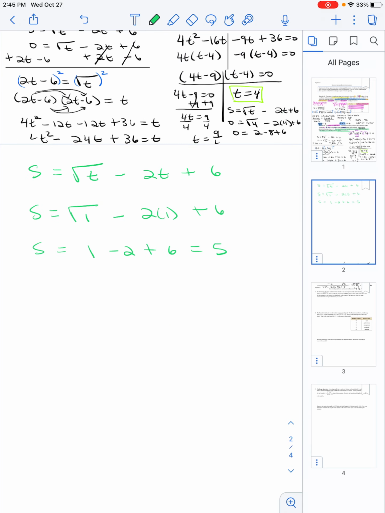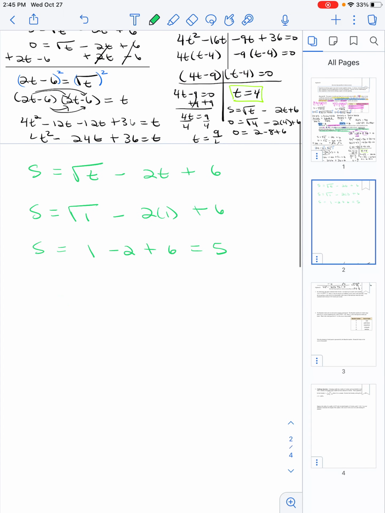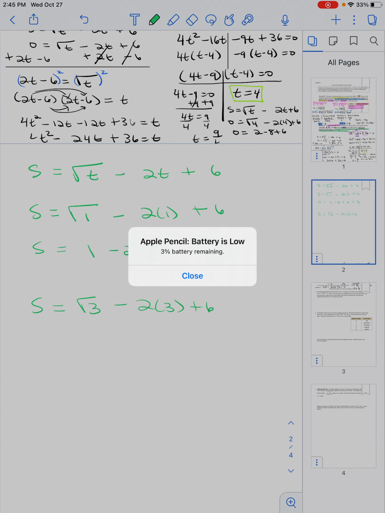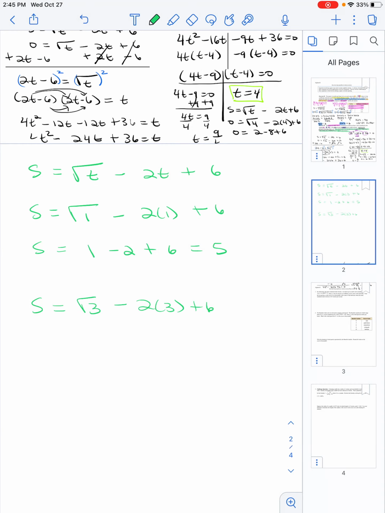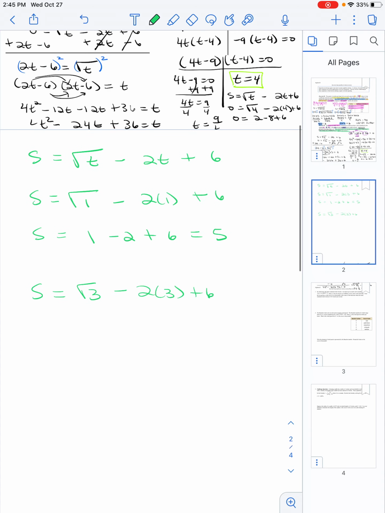Separately, I'm going to plug in a 3. That's going to give me the square root of 3.